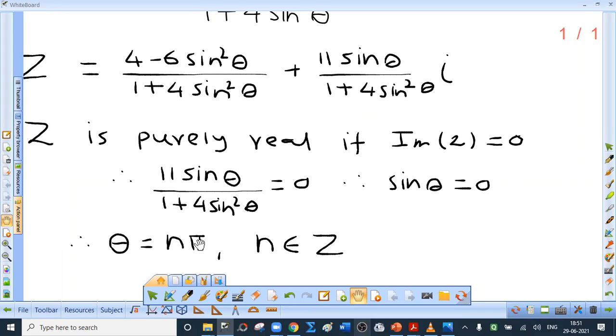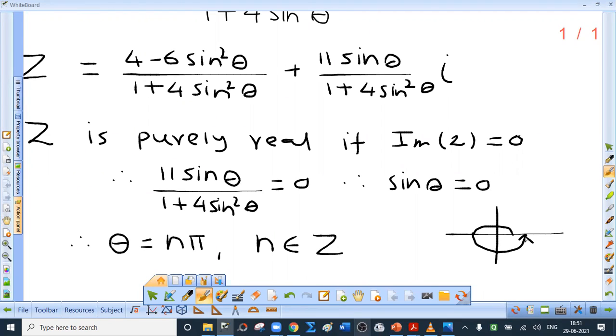Now you may not understand this. See, sine 0 equal to 0, but note that angle, see, I'll draw the diagram. See, sine 0 is 0, sine 180 degrees is also 0, sine 360 degrees after making one complete rotation is also 0.